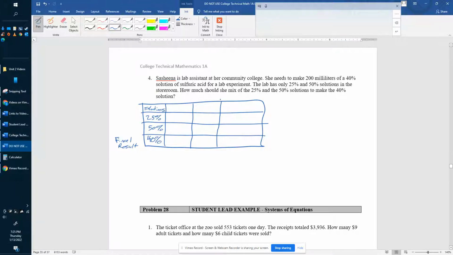All right, so she needs 200 milliliters. So let's say, what is the percent as a decimal? 0.25. 0.5. This is just going to help us multiply a bit better so we don't forget to turn it into a decimal later. This is going to be the amount.